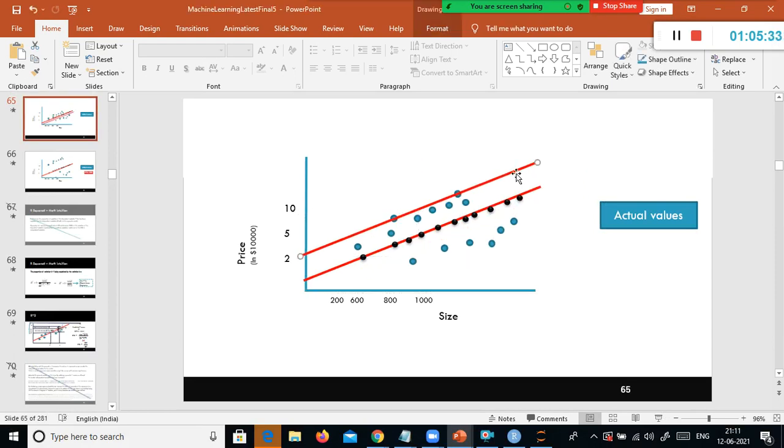Let's say you have an outlier something like this. Just because you have an outlier, this line will get shifted somewhere here.